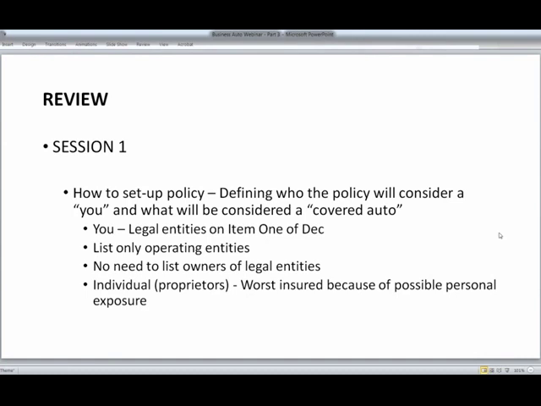And if your insured is an individual, or if you list an individual on the named insured line, then that creates a problem as we set up the symbols in a minute, because you might be bringing some of their personal auto exposures, both owned autos and hired autos, into the coverage provided under the business auto coverage form.